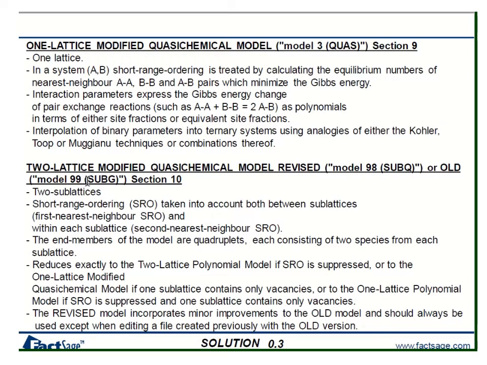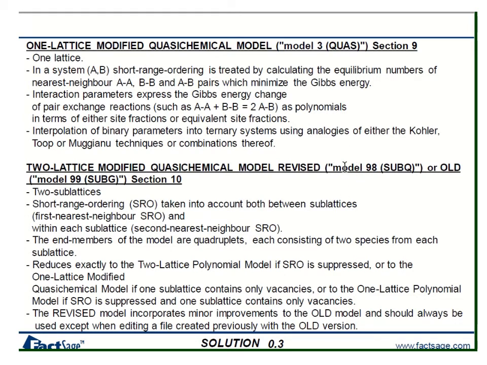Model number 3 is used to describe the quasi-chemical solution by using the so-called equivalent fraction as the excess parameter. But in model 98, we use the bond fraction in the description of the excess Gibbs energy. That's one important difference.